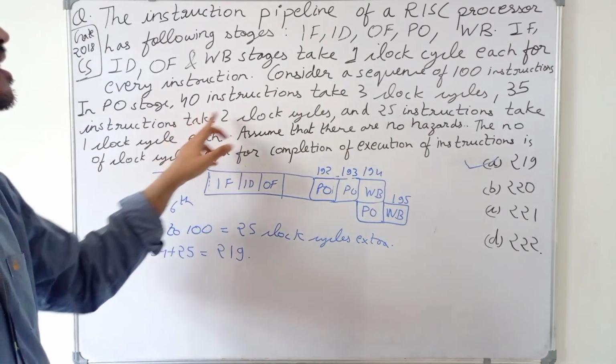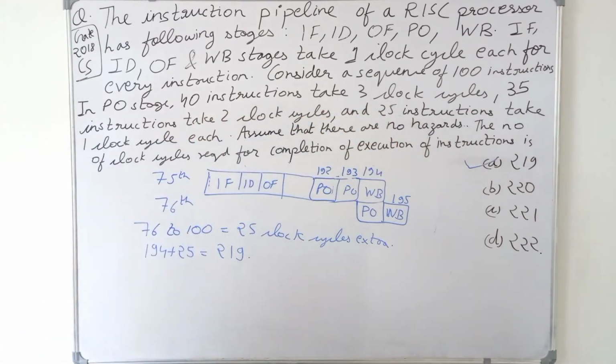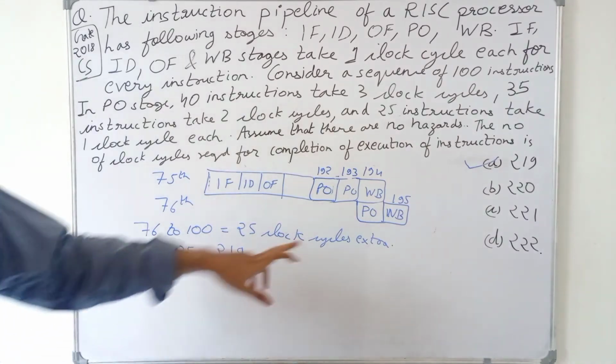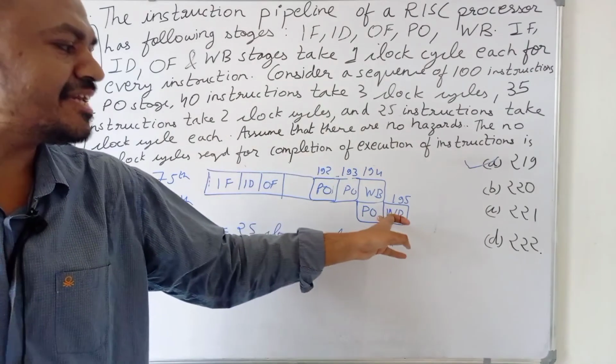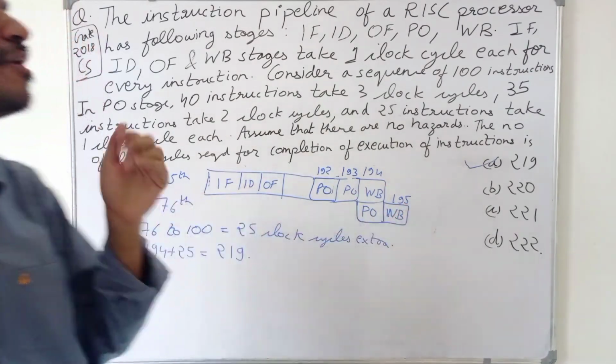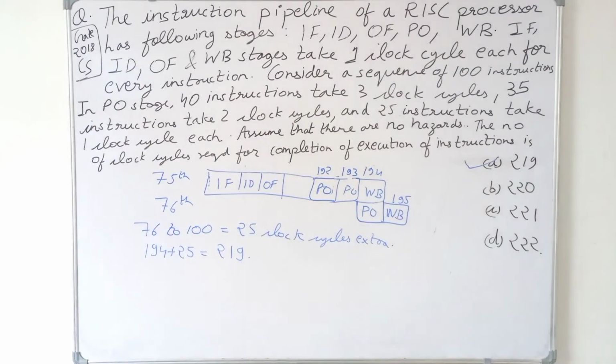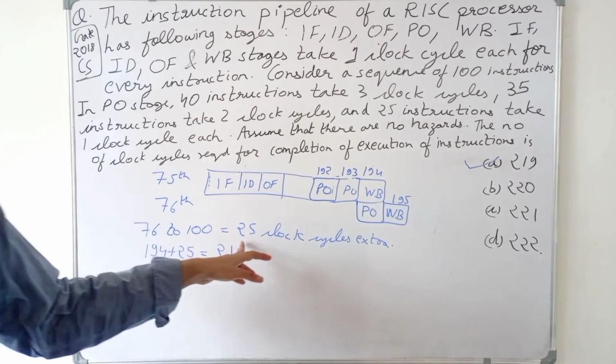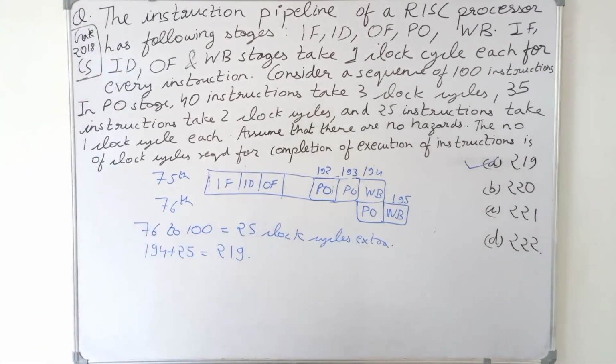Then the other 25 instructions take 1 clock cycle each. So PO will be completed in the 194th clock cycle and write back in the 195th clock cycle. From 76 to 100, 25 clock cycles extra will be needed to complete the operation. So 194 plus 25 is 219. The correct answer is 219.